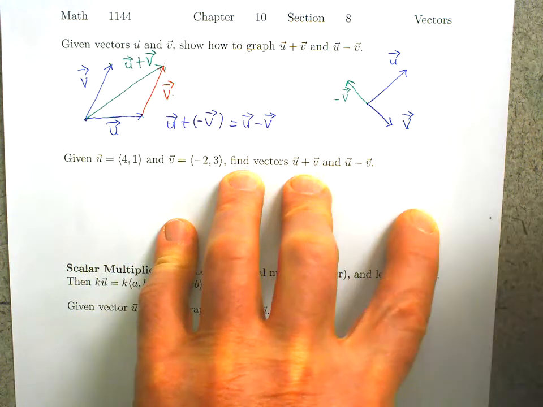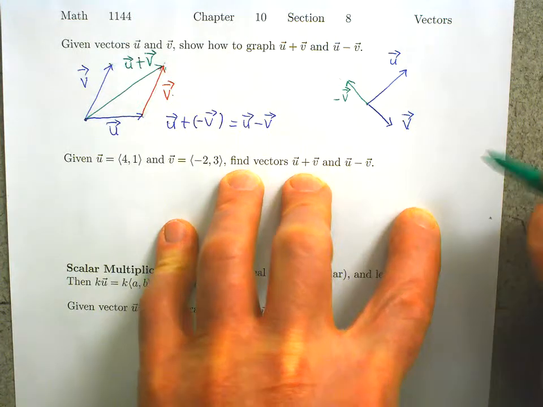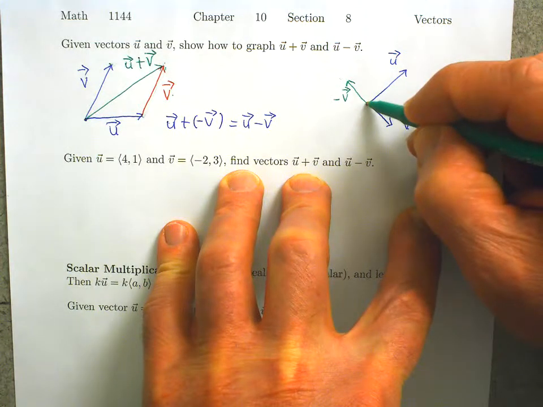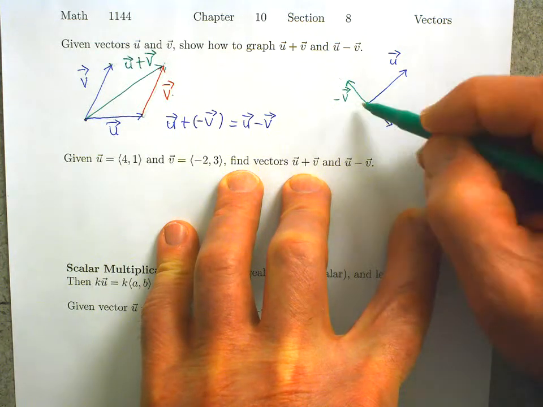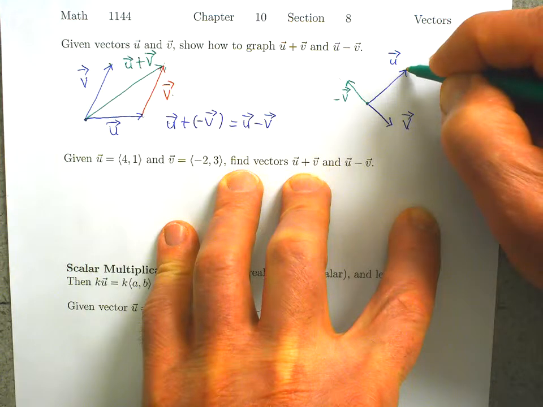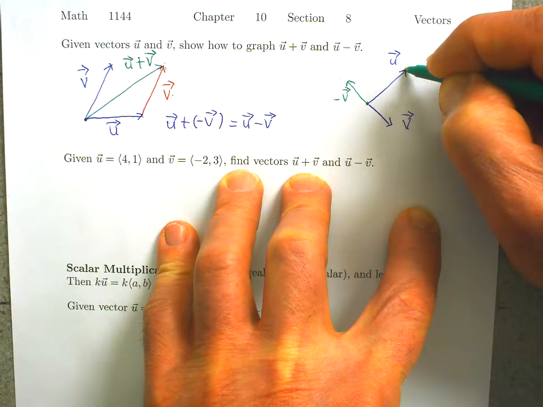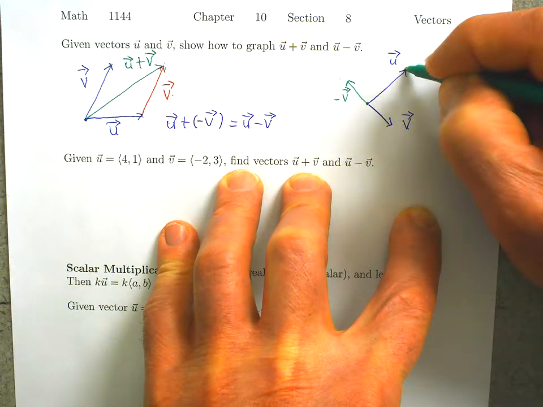Well, I knew I would foul it up. So I'm going to take the vector negative v and translate it so that the initial point of negative v is at the end point of u.